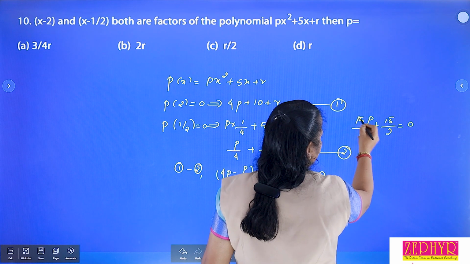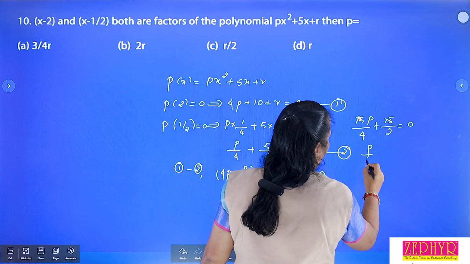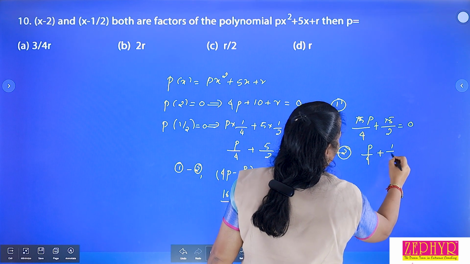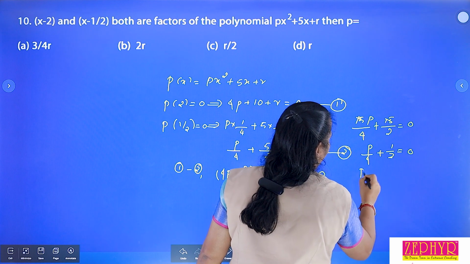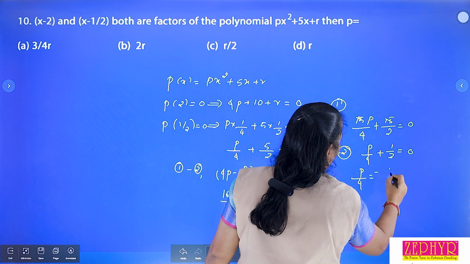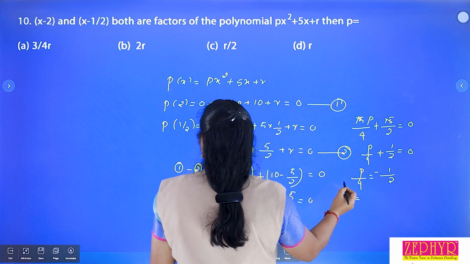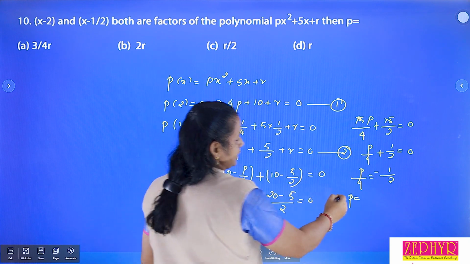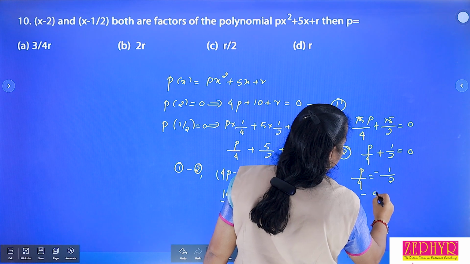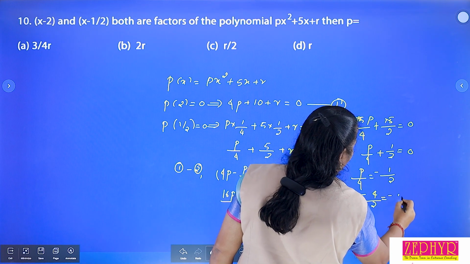We can cancel this 15, then p by 4 plus 1 by 2 is equal to 0, or p by 4 is equal to minus 1 by 2. Then what's the value of p? p is equal to minus 4 by 2, or minus 2.